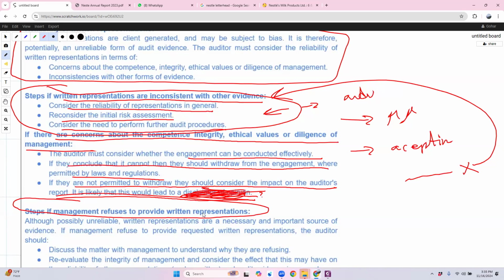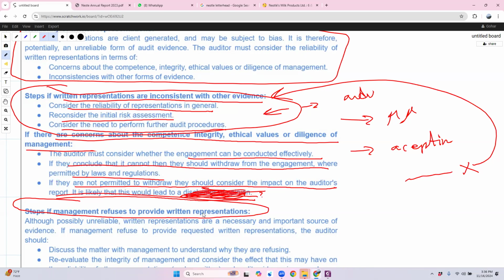So in basic words, if you have doubts about the integrity of the management, then they would obviously sign written representations, even if you have written that the revenue is increasing because of this reason. And even if you have written that there are no deficiencies within the internal control system, even if they have written upon the written representation that there is no fraud that has happened within the company, everything is correctly recorded within financial statements.